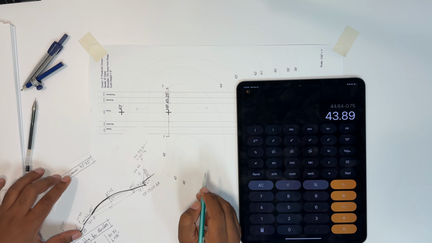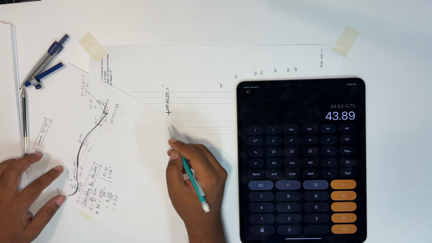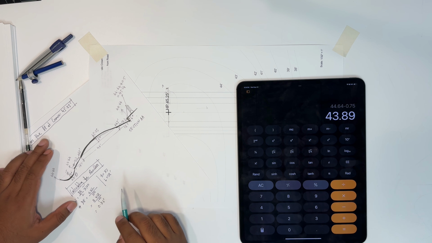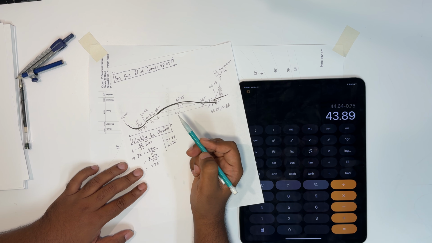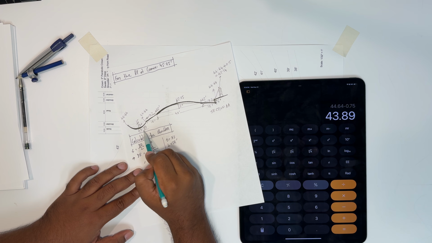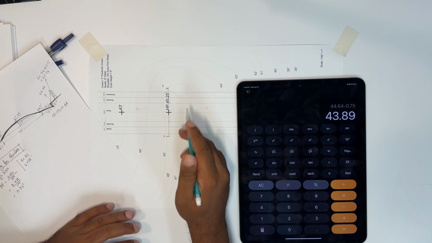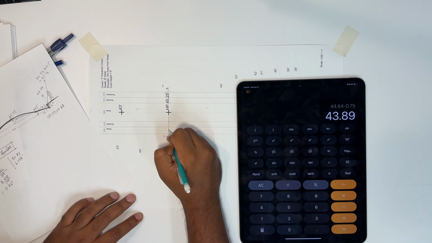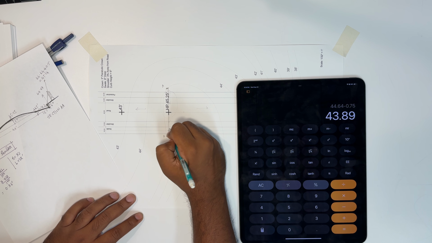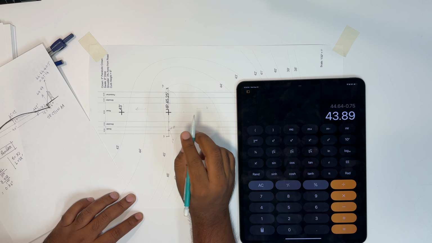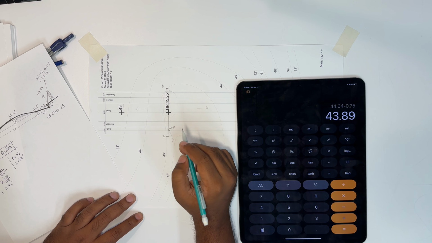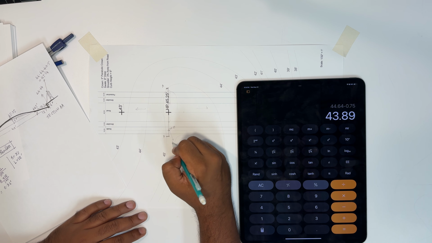So that's one. And from here, we are getting one very important piece of information, that the deepest this swale can go is 43.89. So this right here is 43.89. So that's the deepest point, sorry, that's the peak point of the swale. That's the highest the swale depth can go.